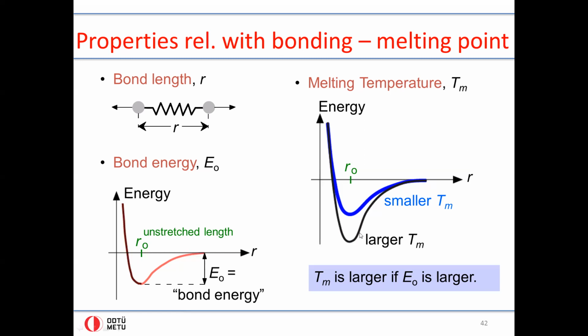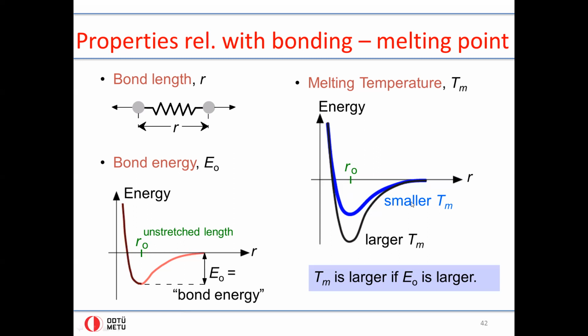But for the black curve, to approach a value close to energy equals 0, which could represent the melting process or the melted liquid state, the amount of energy that needs to be provided, hence the vertical distance, is greater than in the case of the blue material.